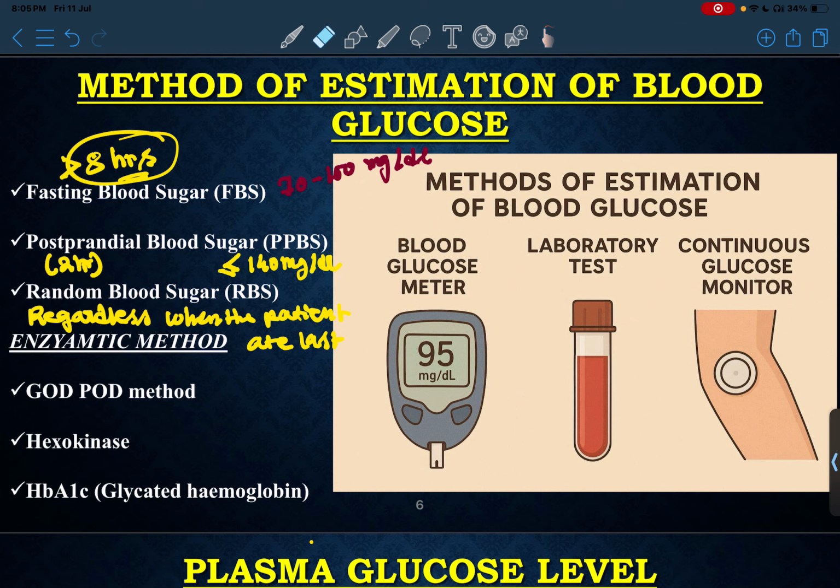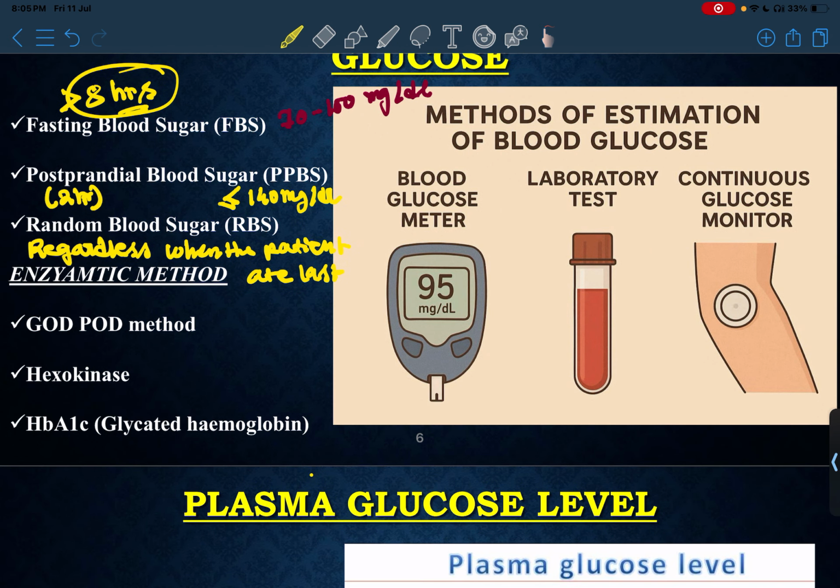This hydrogen peroxide converts a substrate into a pink color dye, and by the intensity of this dye we can estimate the blood glucose level, which is called the glucose oxidase peroxidase method.